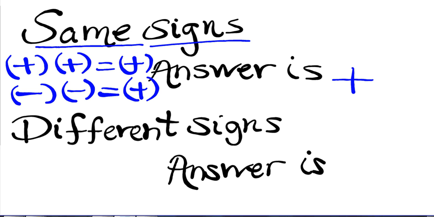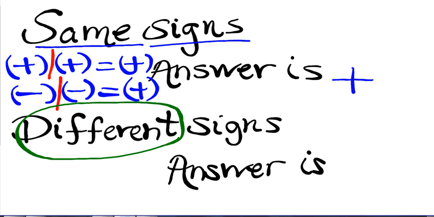All right? So positive times positive equals positive, and a negative times a negative equals a positive. And that holds true for division as well. A positive divided by a positive is a positive, and a negative divided by a negative is a positive answer as well.